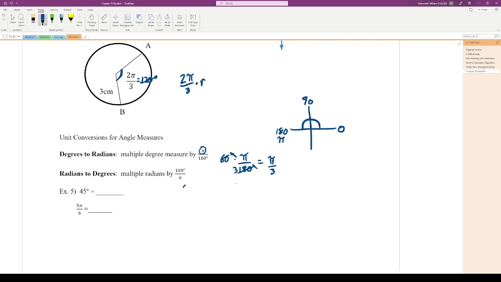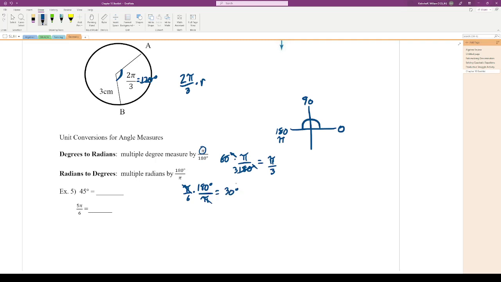So if I had pi over 6 radians, and I wanted to change it to degrees, I flip the conversion factor over so that now I'm ending up with a degree unit in my numerator. And on bottom, I divide by pi because I don't need to cancel anything, I just need the degree on top. But it is going to cancel pi here. 180 over 6 means that pi over 6 radians was 30 degrees.